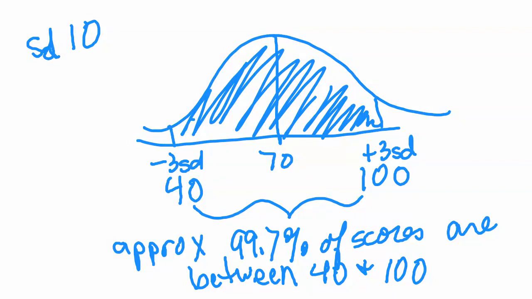The probability that your score is between 40 and 100, you could say, is 99.7%. But again, we're not going to talk about that till next week. So that's all you have to really know about the empirical rule, how you approximate the area.